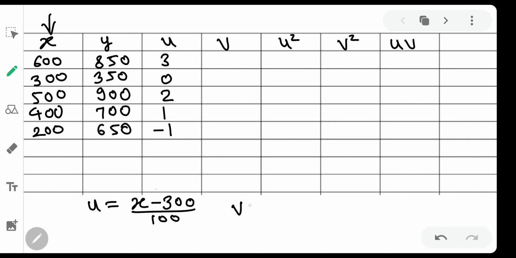Now for v, let us say it is y minus some assumed mean. I am assuming 600, and the scale is also 100. I am reducing the numbers 100 times.